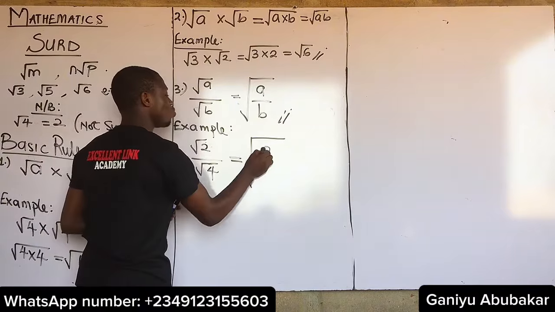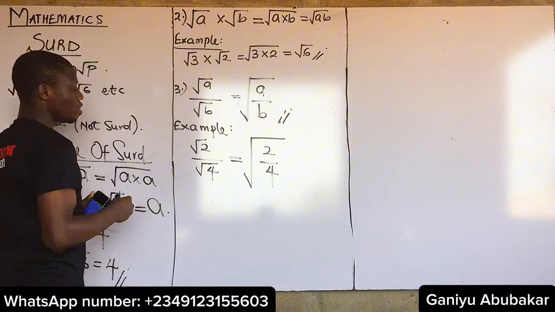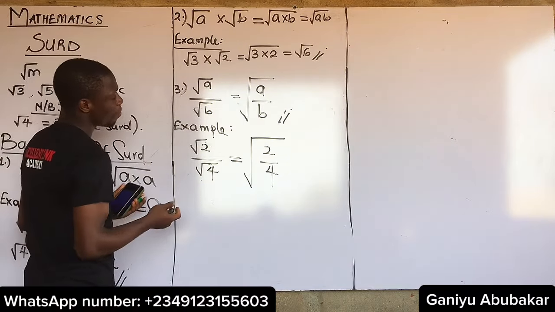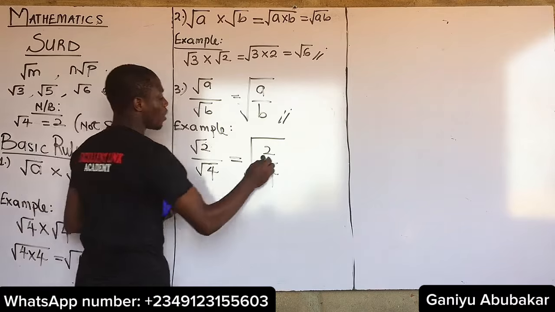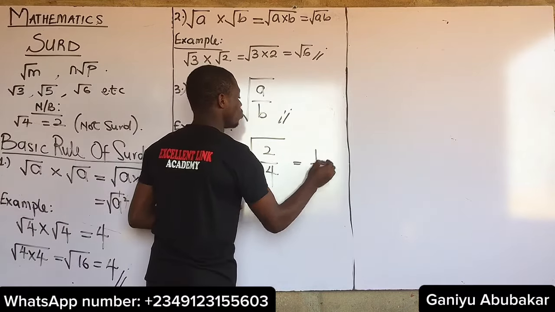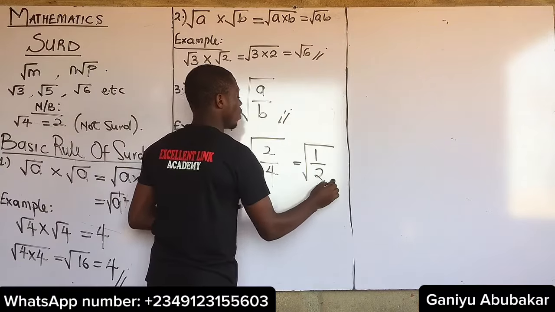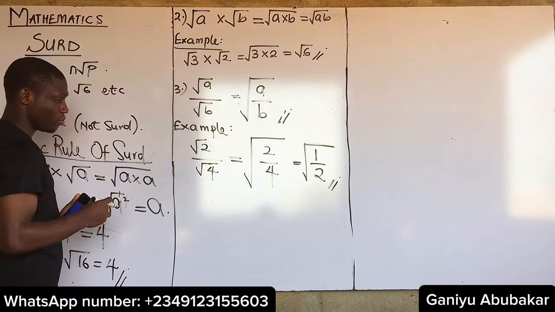The square root of 2 over 4, right? Which is 2 divided by 4, I'll have 1 over 2. The square root of 1 over 2 as my answer to that question.